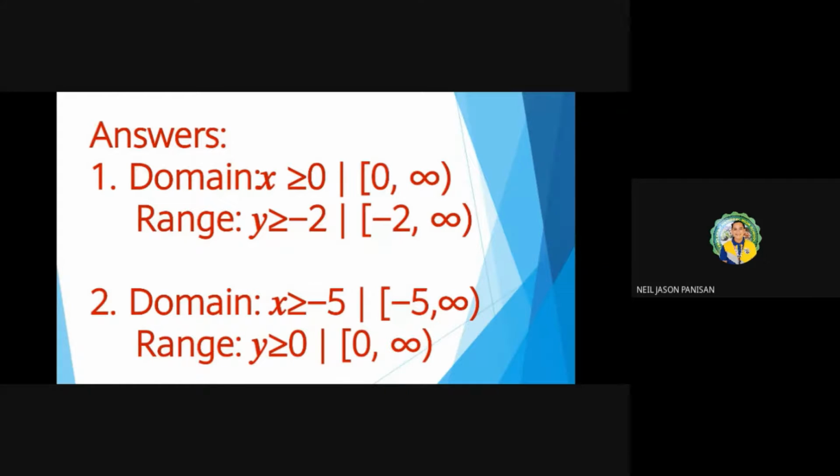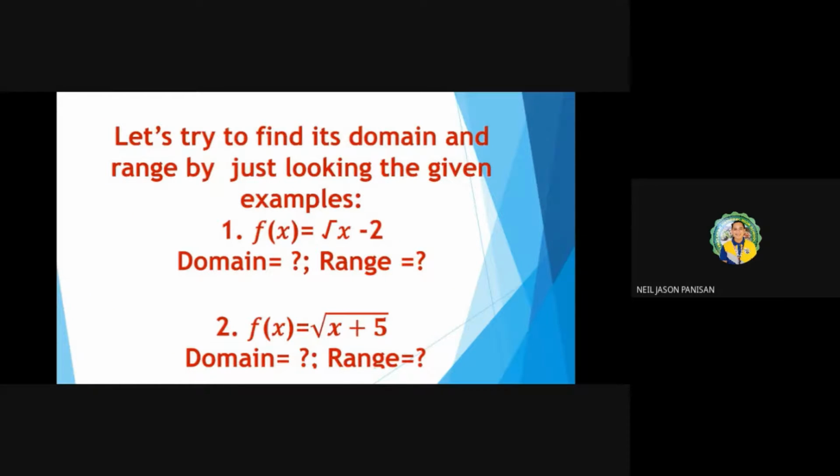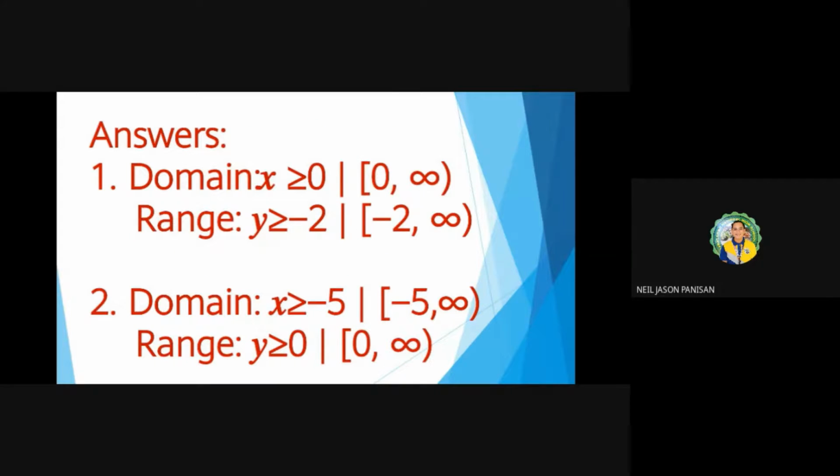Then how about if we plug in positive 1? So the square root of positive 1 minus 2 is now -1, right? So meaning we cannot use that as our domain since the result is negative.